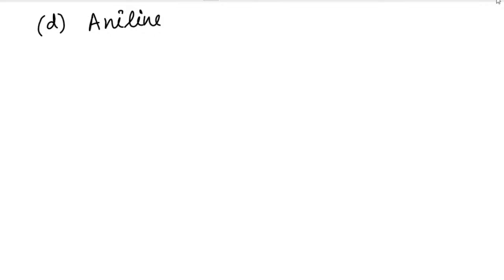Now, D, that is aniline. Aniline is quite sensitive to oxidation because it has a resonance structure, okay. This is a coordinate bond between nitrogen and oxygen, beta.